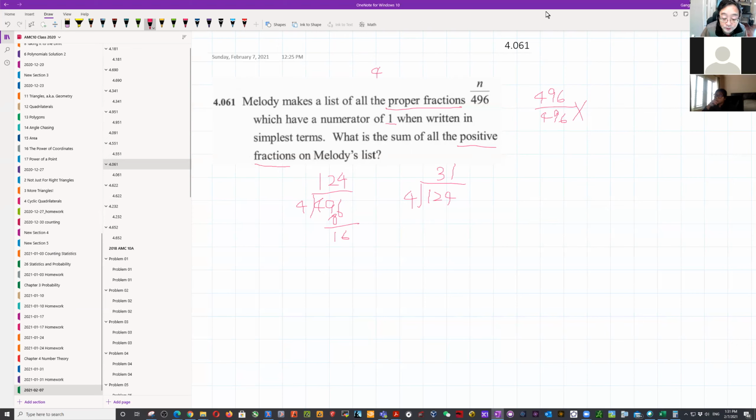So basically it's 2 to the 4th multiplied by 31. This is the factorization of 496.